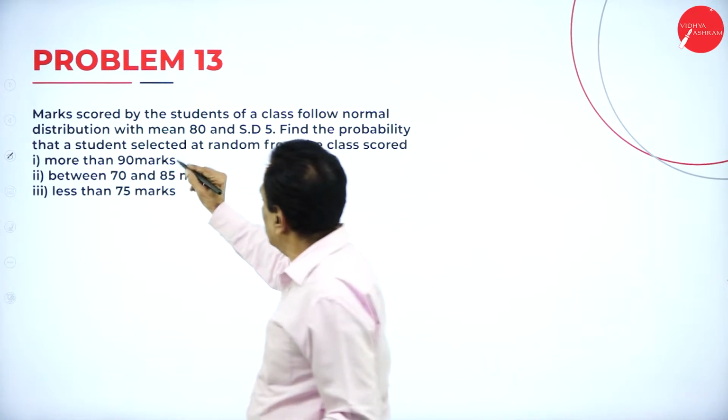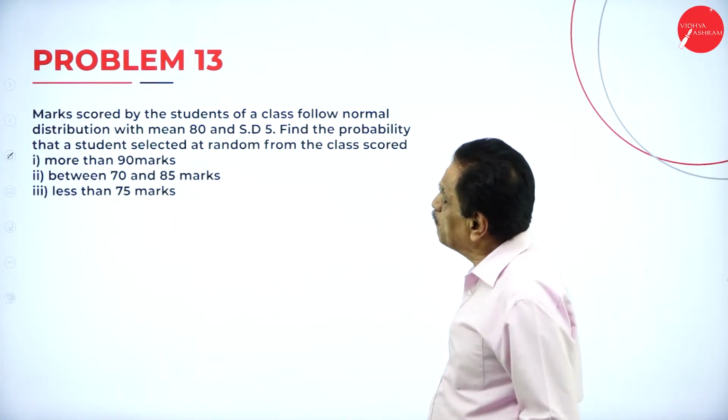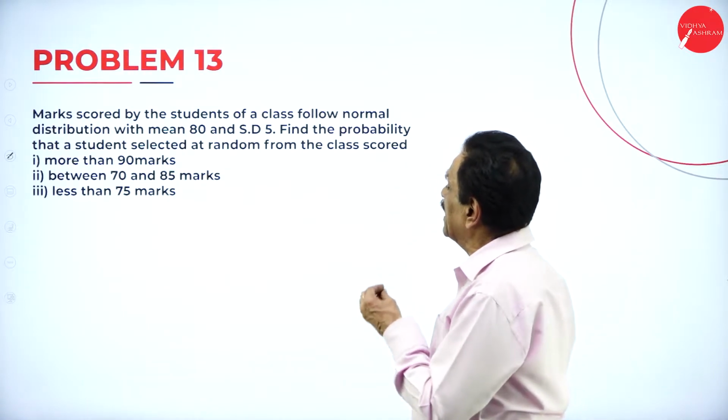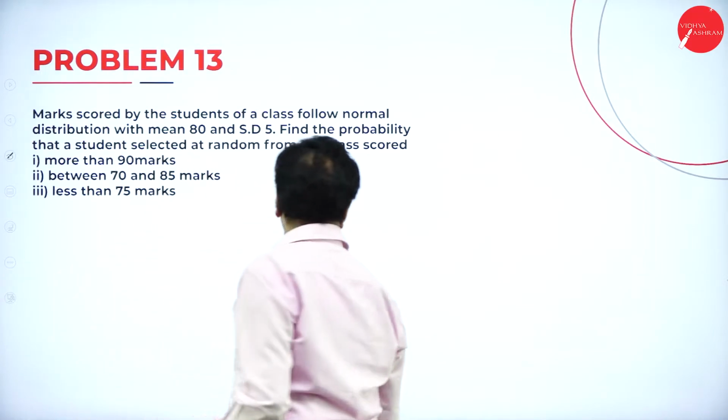Marks scored by the students of a class follow normal distribution with mean 80 and standard deviation 5. Find the probability that a student selected at random from the class is right.